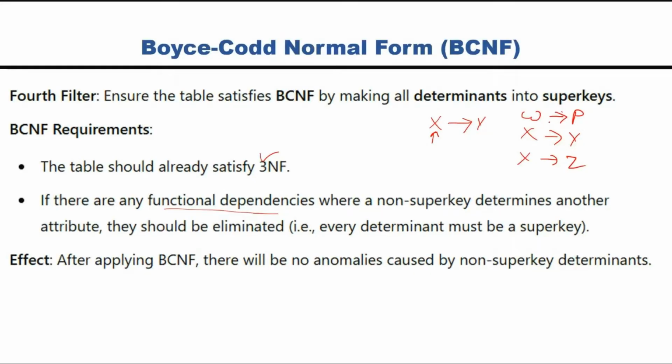What Boyce-Codd normal form says is that all of these determinants must be super keys. If they are super keys, then our redundancy problem is solved and our inconsistency problem is solved, right?